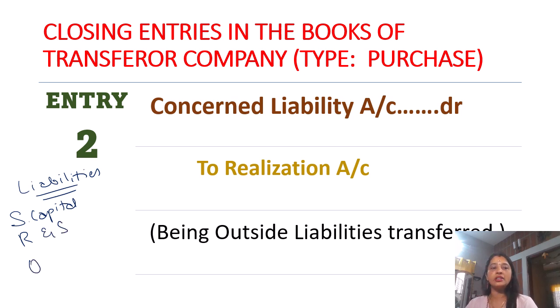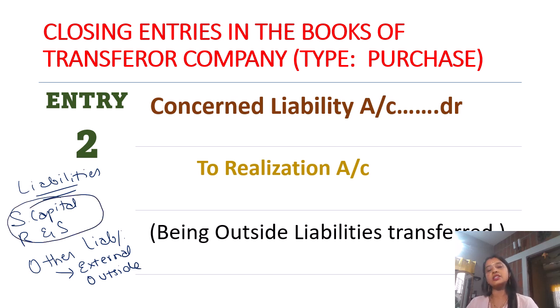Then all the other liabilities will be called external liabilities or outside liabilities. Only share capital and reserves and surplus are called owner's funds or internal liabilities. All the other liabilities like debentures and current liabilities will be treated as external liabilities.